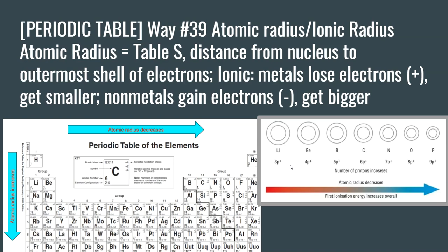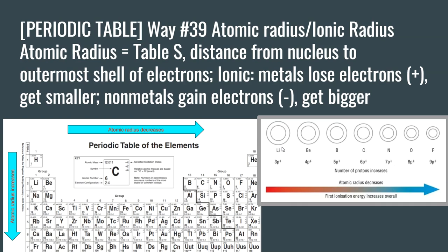Remember, nuclear charge is a measure of how many protons are present inside the nucleus. Neutrons don't contribute any charge, so the only positive charge in the nucleus is contributed by the protons. Lithium has 3 protons, beryllium has 4, boron 5, carbon 6, and nitrogen 7.